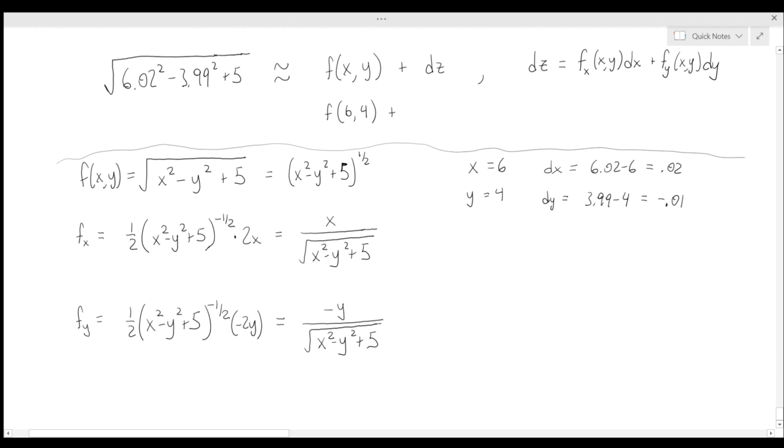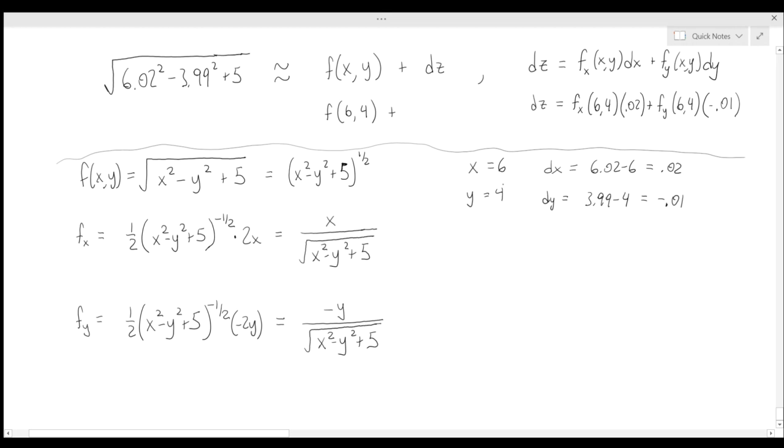And then also for the total differential, I'm going to want to plug in 6 and 4 for x and y into fx and fy. And then I need to multiply these by dx, which was 0.02 for this problem, and dy, which was negative 0.01. Okay. That will give us the value of dz, which then I would plug in over here. All right.